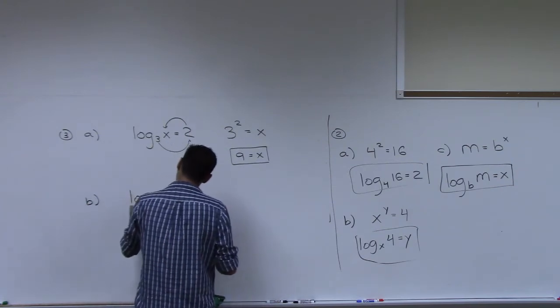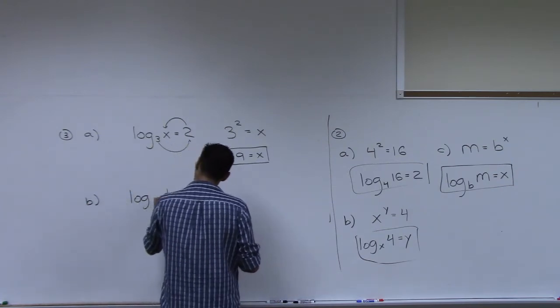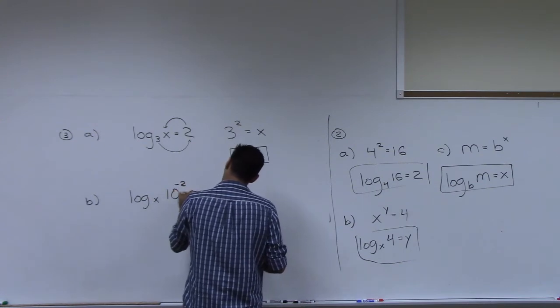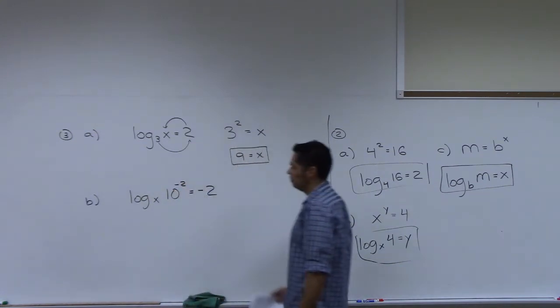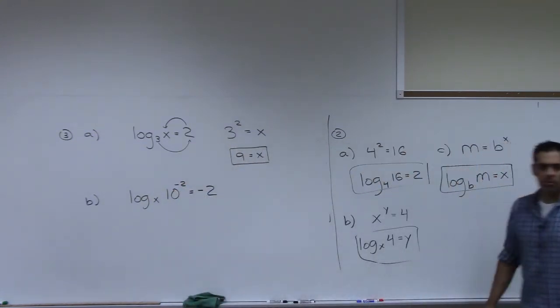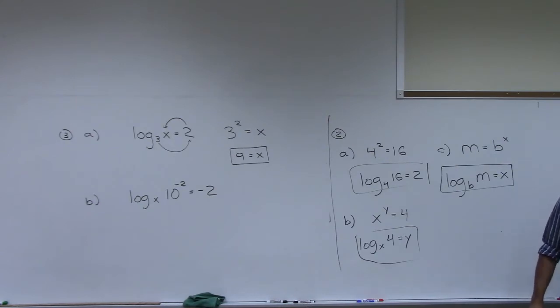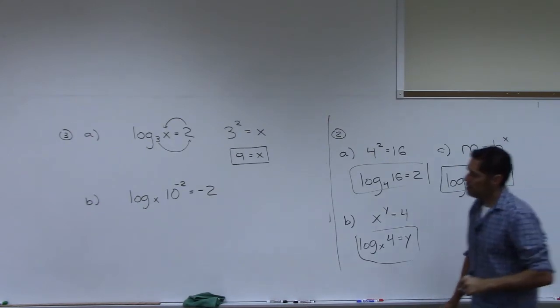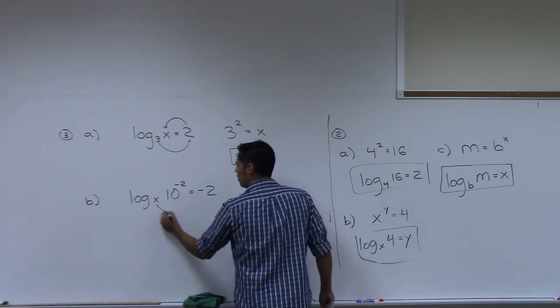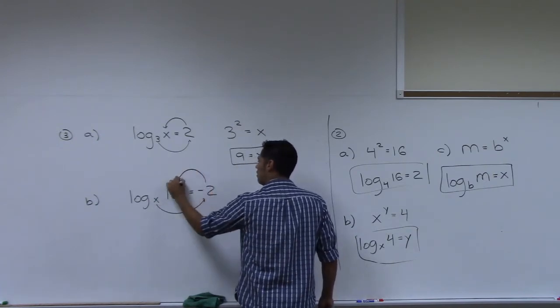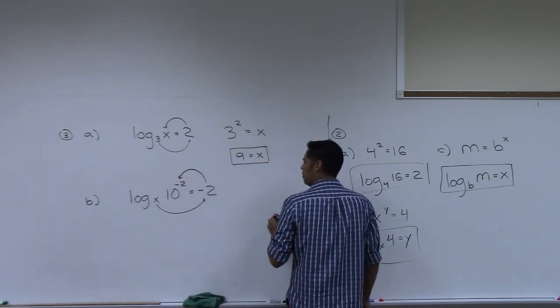Log base x of 10 to the negative 2 equals negative 2. So we'll do the same story. Rewrite this in exponential form. This is going to be x raised to the negative 2 equals 10 raised to the negative 2.